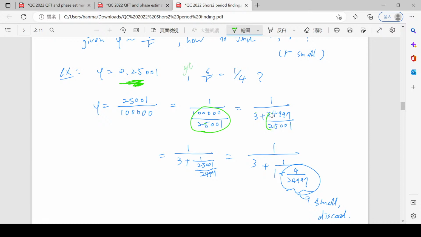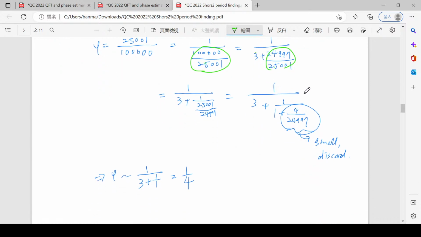Then you flip around once again, so this is 1 over 3 plus 1 over 25001 over 24997. And now we do division once again. So you have 1 over 3 plus 1 over, then this division gives you 1 plus 4 over 24997. Okay, now it's still sketchy, but you can imagine this is something possible for a computer to do. You see, this is a really small thing.